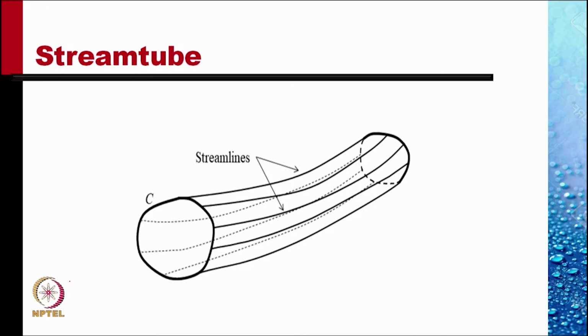This surface, which consists of streamlines, is called a stream surface, and the volume enclosed by this closed surface is called the stream tube. Clearly, since the velocity is tangent to streamlines at all points, the velocity is tangent to the stream surface at all points. This concept of stream tube we'll use in a later chapter.